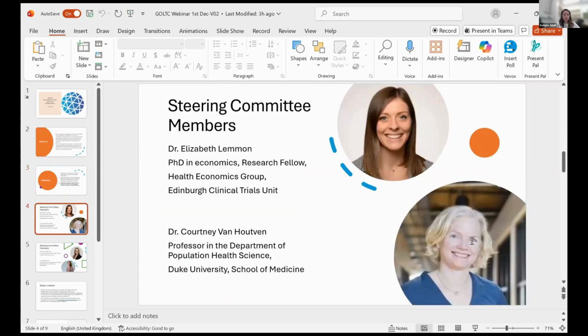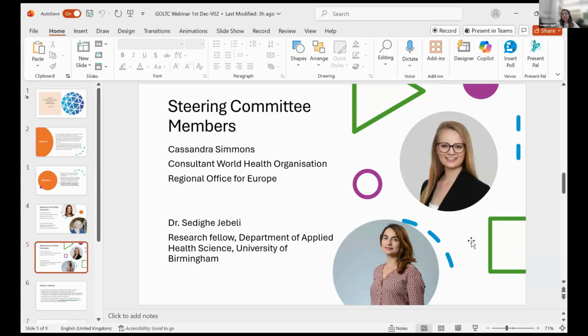Within the interest group, we have a steering committee. So with my colleagues, Dr. Elizabeth Lemon from the University of Edinburgh, and Dr. Courtney Van Houten from the Duke University School of Medicine. Both Elizabeth and Courtney have an interest in the economics of aging care and also unpaid care in particular. Then we have my colleague Cassandra Siemens, who is not with us unfortunately today because she has just started a new job, and so we couldn't have her here today.